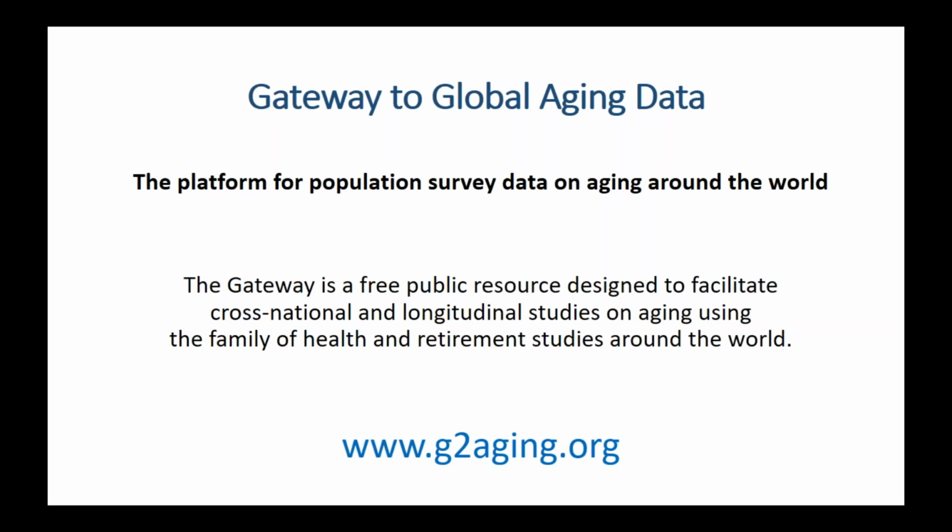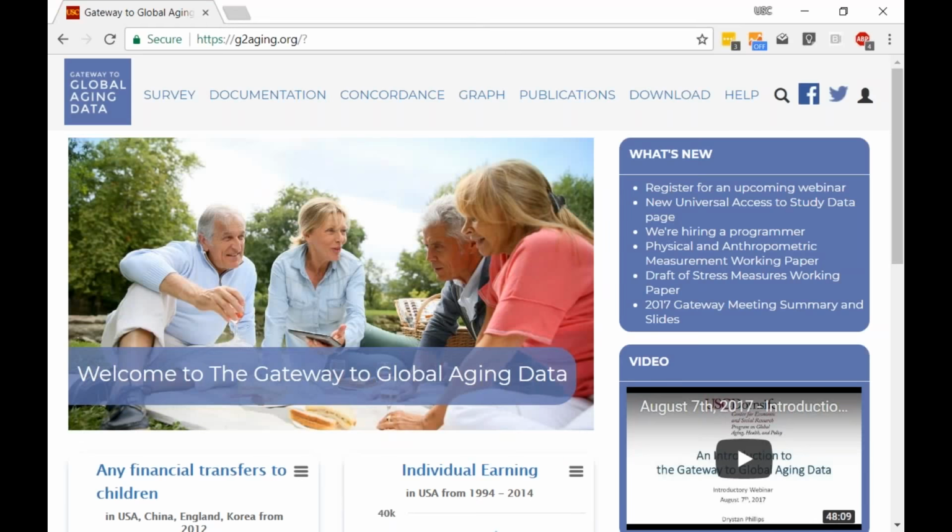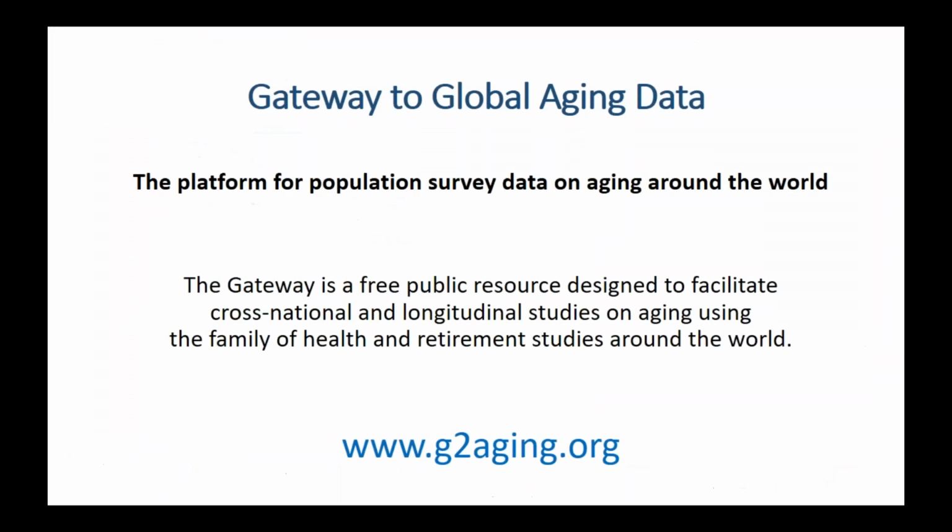It's available at www.g2aging.org. Throughout this webinar, I'll be showing you the website, so here's our landing page. Today we'll walk you through the surveys, some of the Gateway, and then some of our data products.